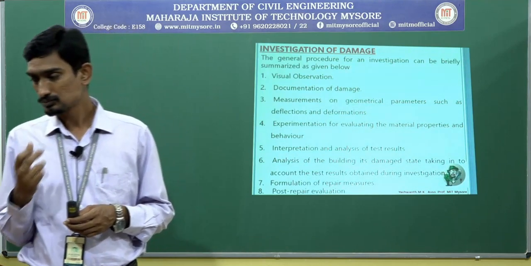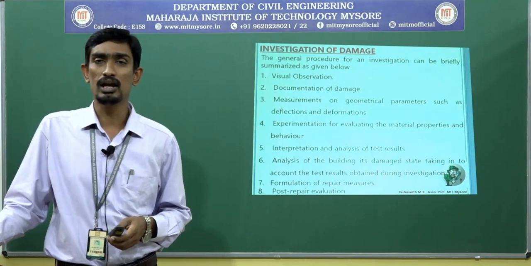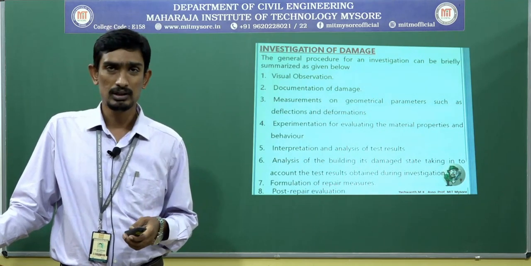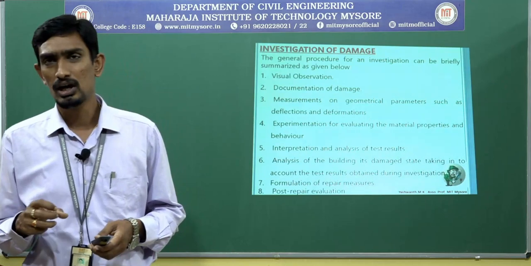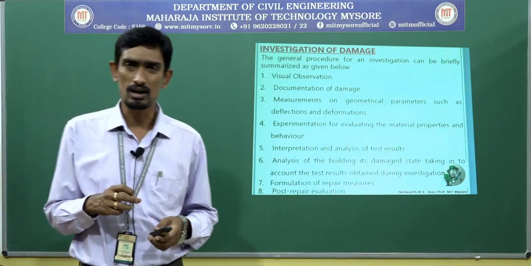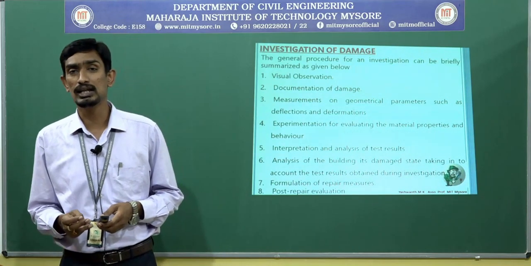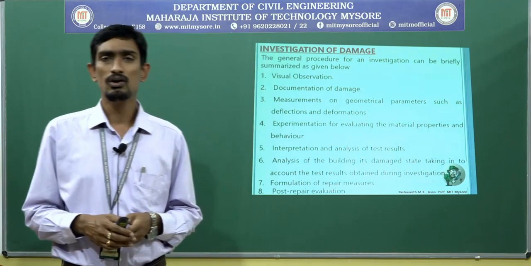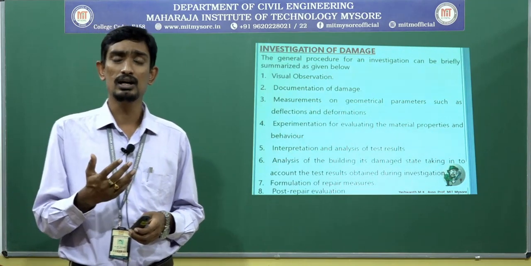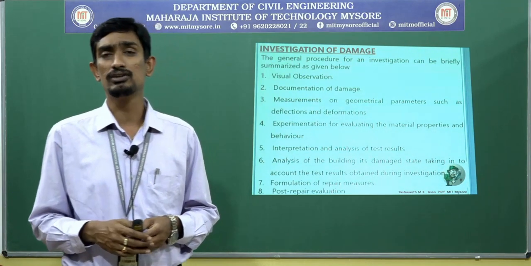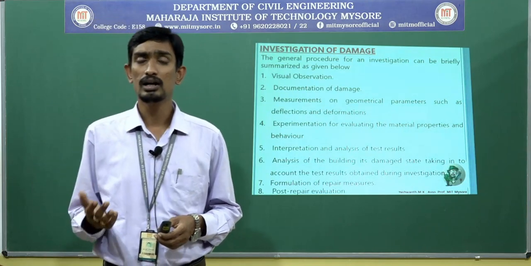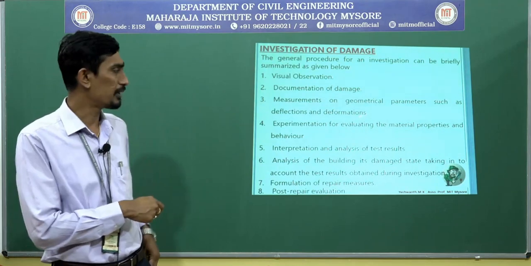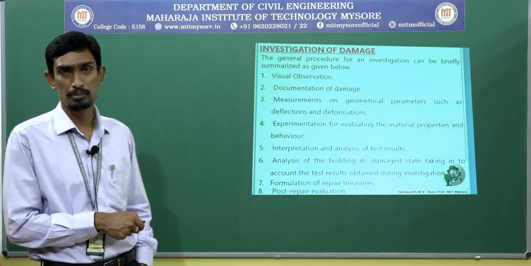For example, if I have been told that corrosion has happened in the column or maybe in the beam or slab, we need to take out that particular chunk of concrete and go ahead with a corrosion analysis. We check whether the structural component is safe enough to carry the load, or whether we can prevent this particular problem. So that is experimentation for evaluating the material properties.